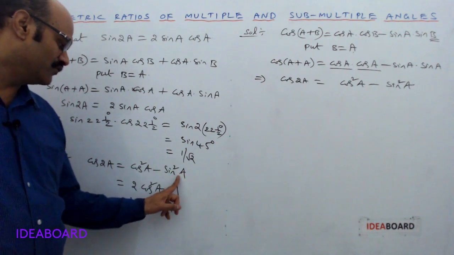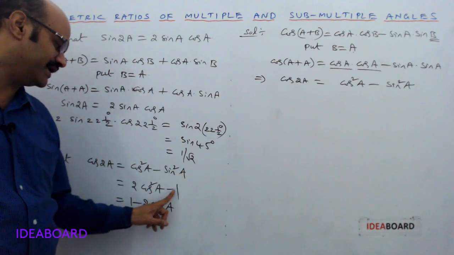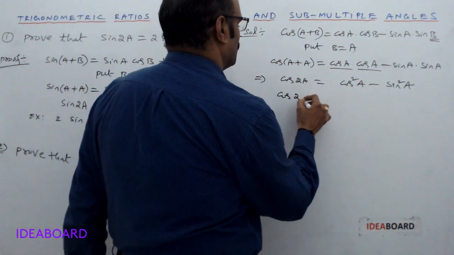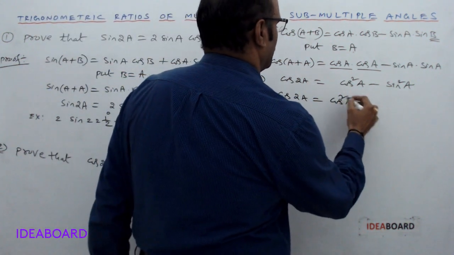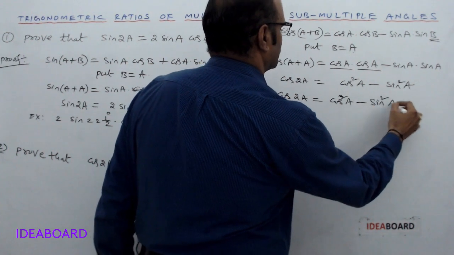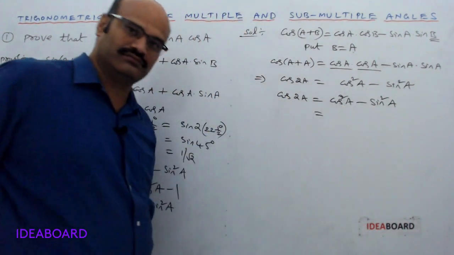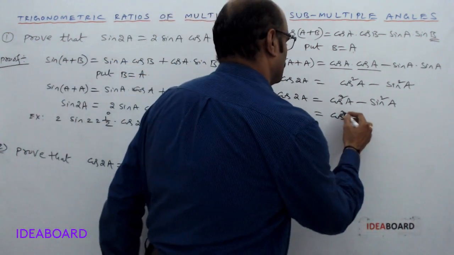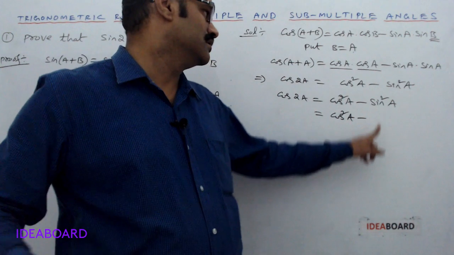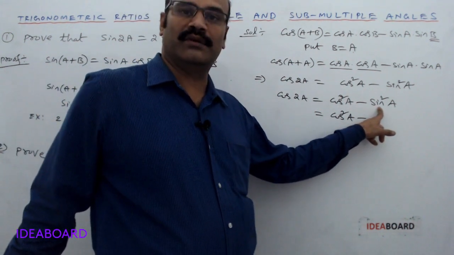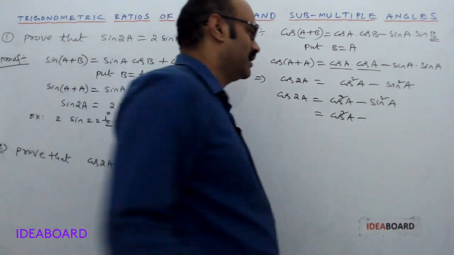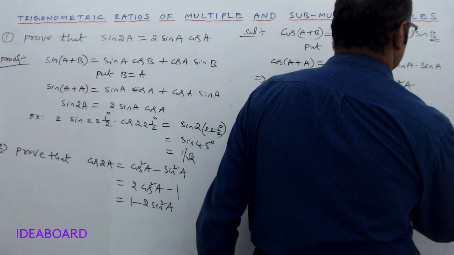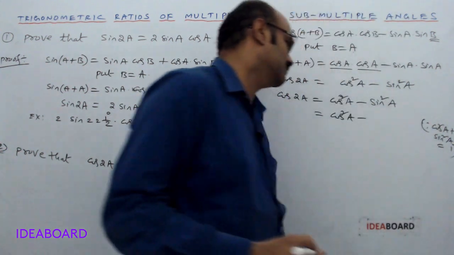Now from this we have to get 2 cos square A minus 1. Take cos 2A equal to cos square A minus sin square A. Now we know the formula cos square A plus sin square A equal to 1.